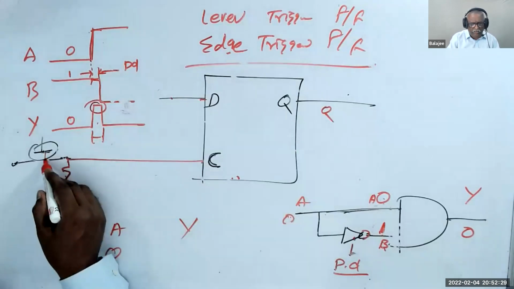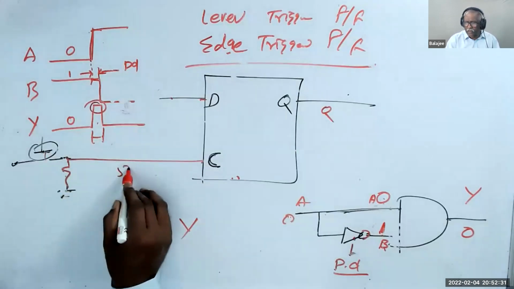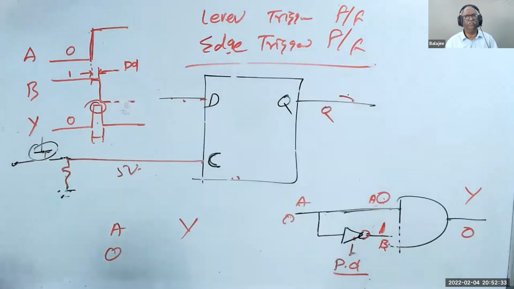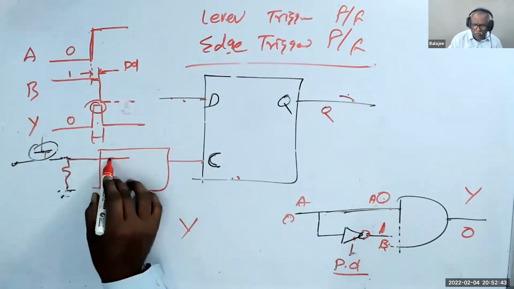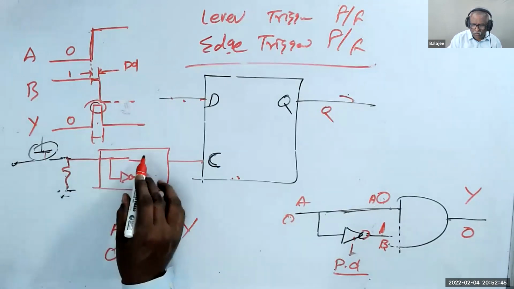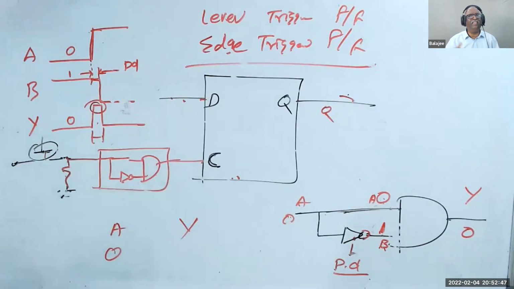Whenever I press the switch, the level is 5 volt, the input will go to output. That is called a level triggered flip-flop. But when I have this circuit in between, then that is called edge triggered. It's clear.